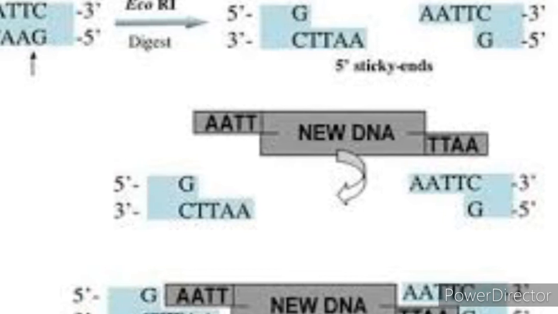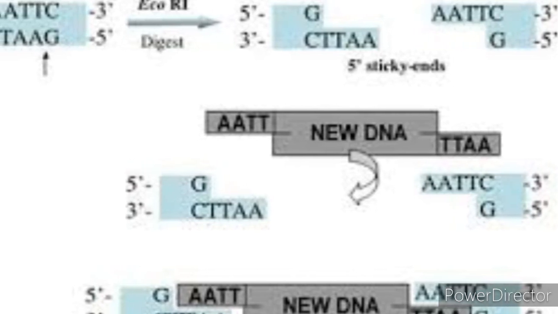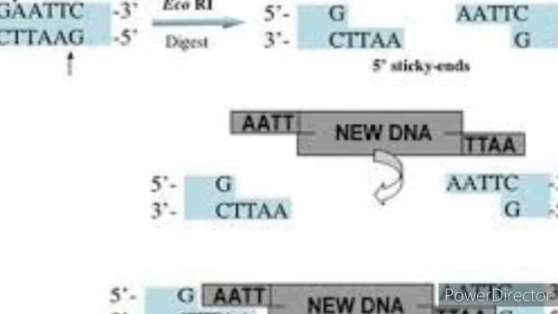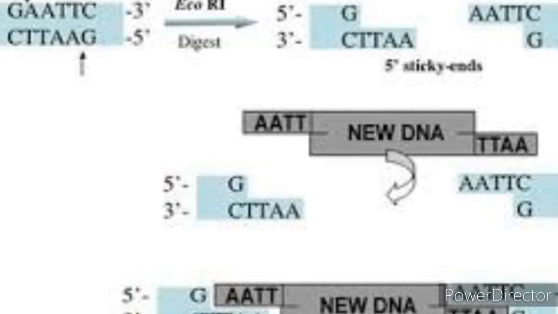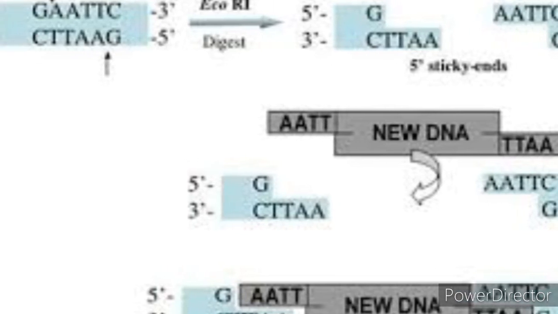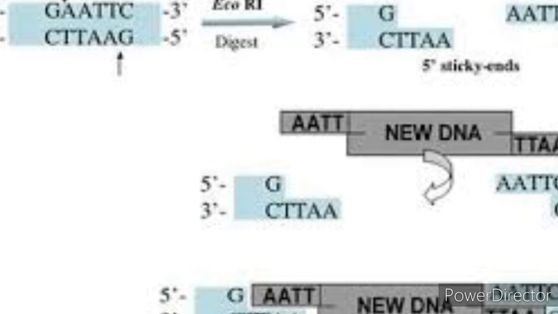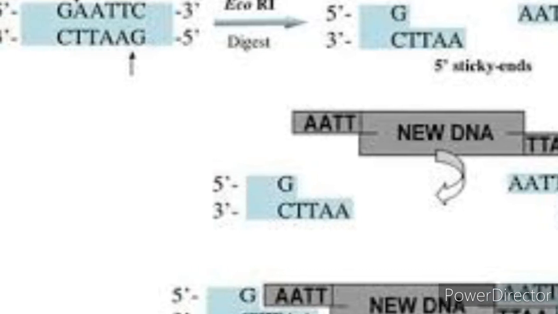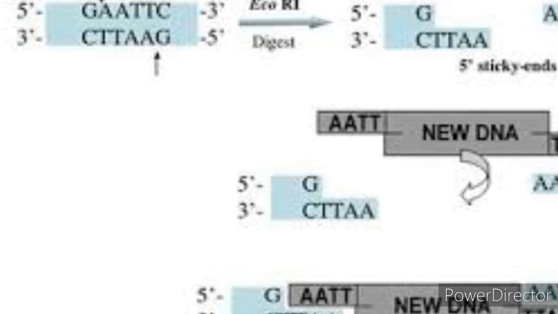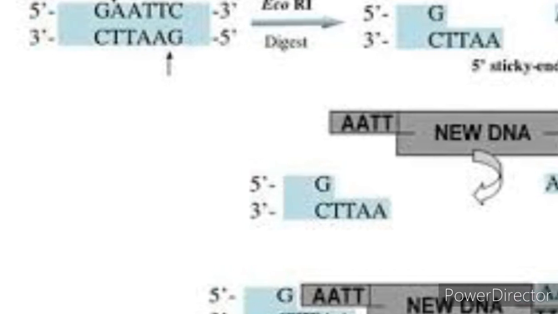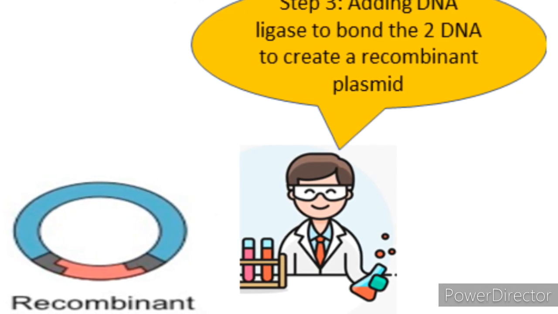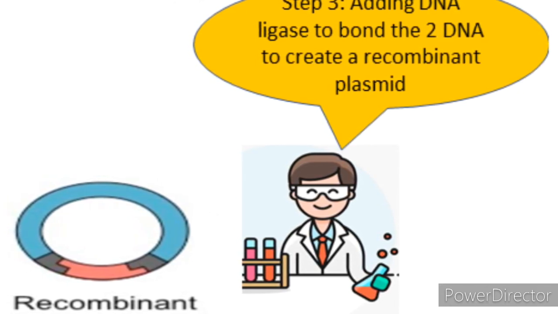Once these restriction enzymes are added, restriction fragments separate with sticky ends at each edge. That is why we're able to get the human insulin producing gene and the plasmid DNA cut with the restriction enzyme.